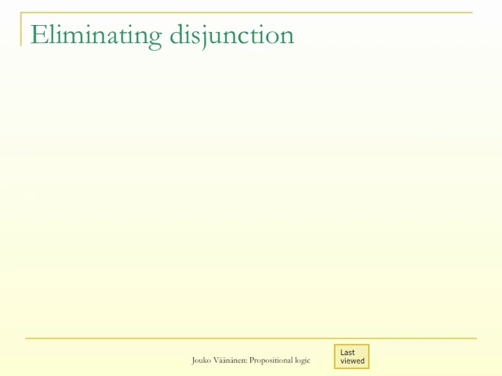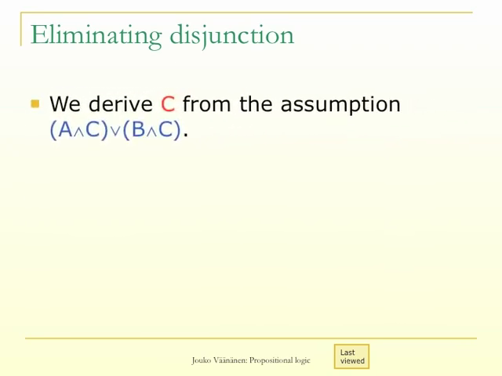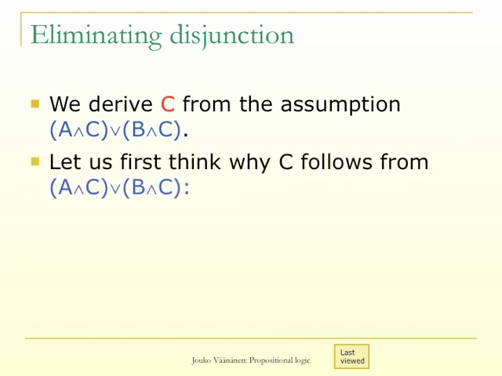As an example, we derive C from the assumption (A and C) or (B and C). Let us first think why C follows from (A and C) or (B and C).